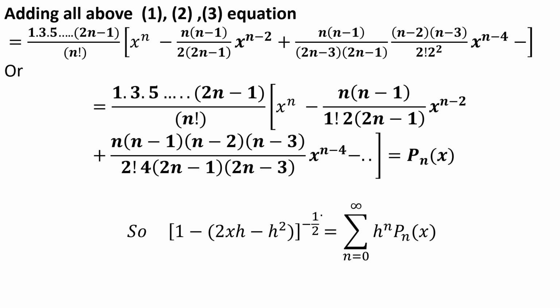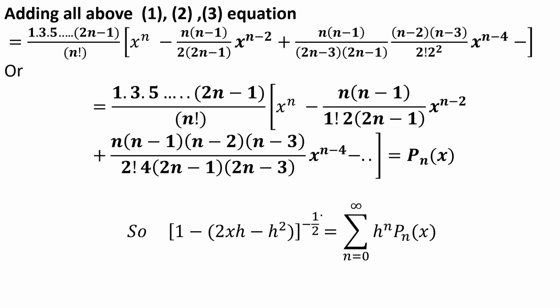What is that? That is the coefficient of h to the power n. Similarly, from h to the power n−1 or any term, any power you get, and add all, this term will be there: the sum from n=0 to infinity of h to the power n P_n(x). That was the relation asked for further.